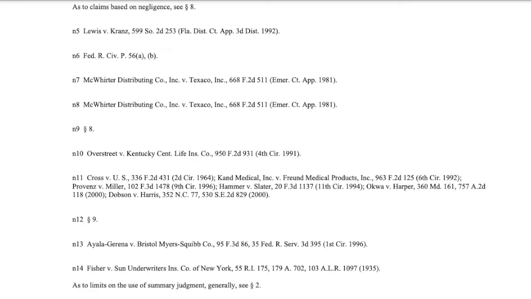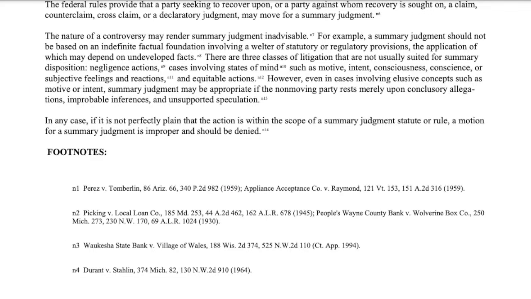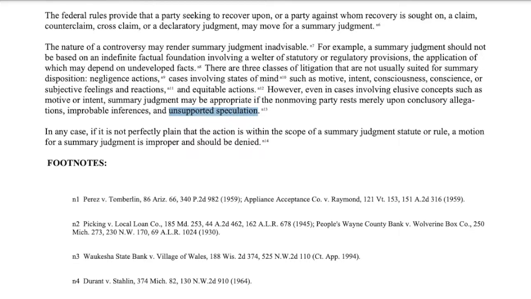Now, that's another reason against just using affidavits in these kinds of cases, it seems, because then writings and motions sometimes are just considered that unsupported speculation and improbable inferences and conclusory allegations. Great language right here. Conclusory allegations, improbable inferences, and unsupported speculation. That's some lawyer language there if I ever heard it.